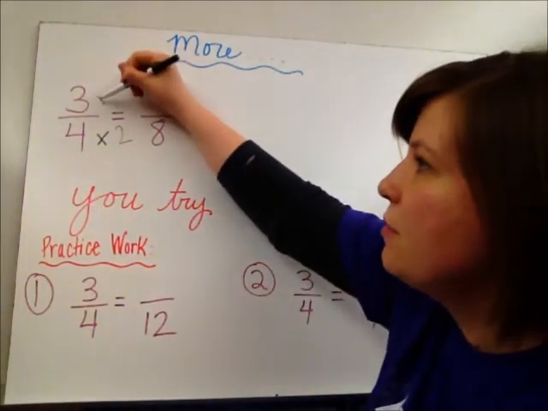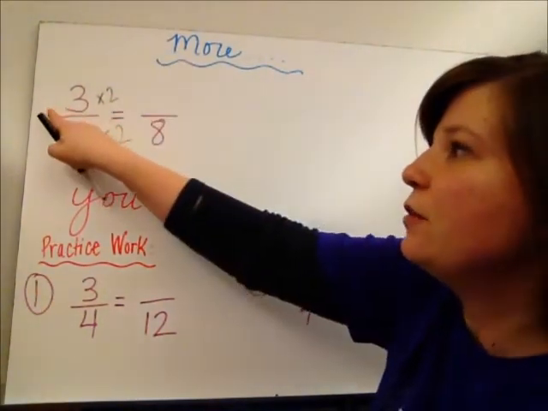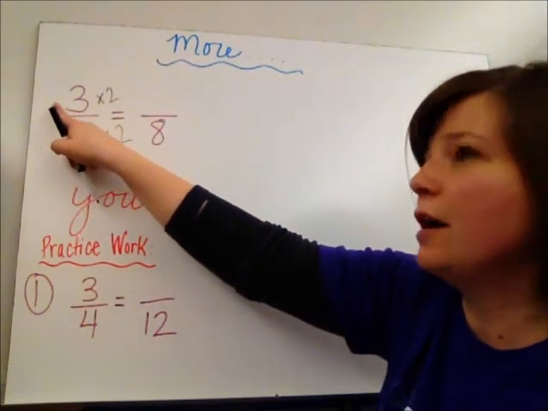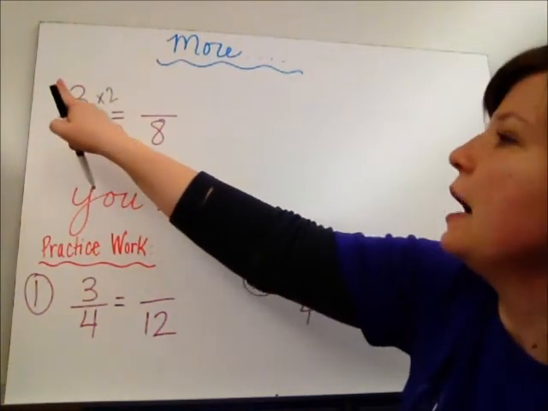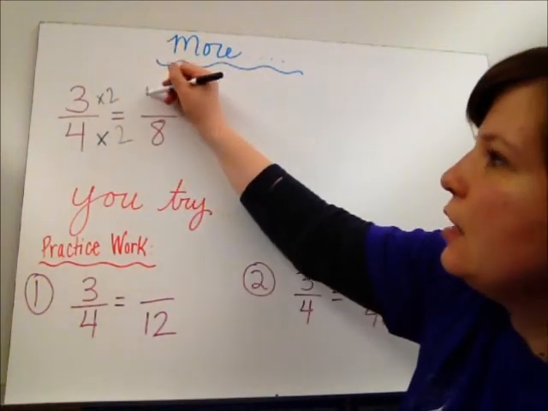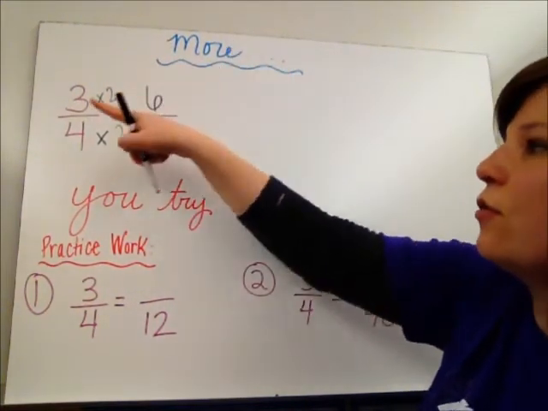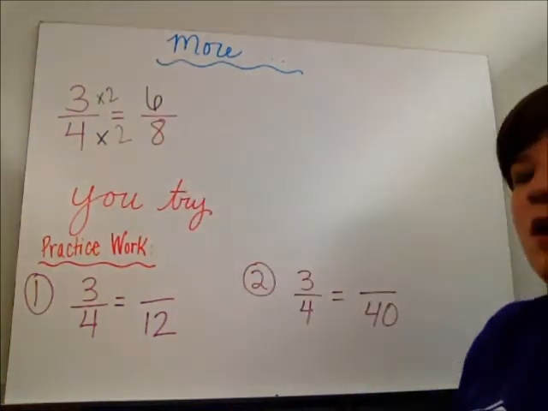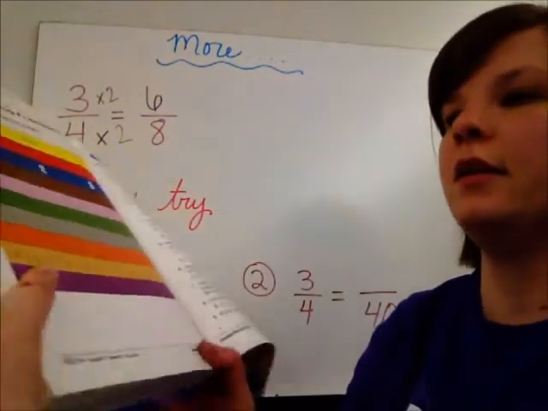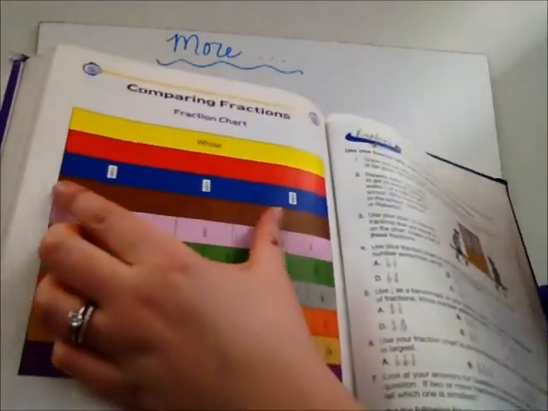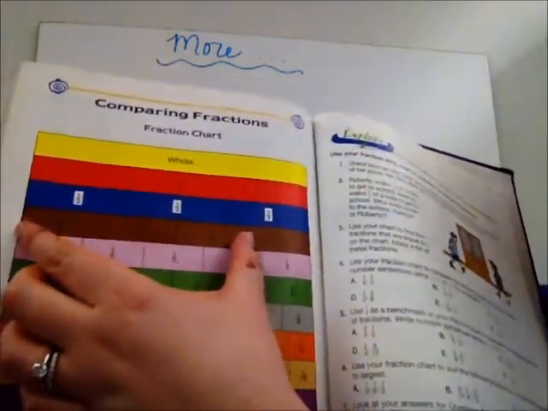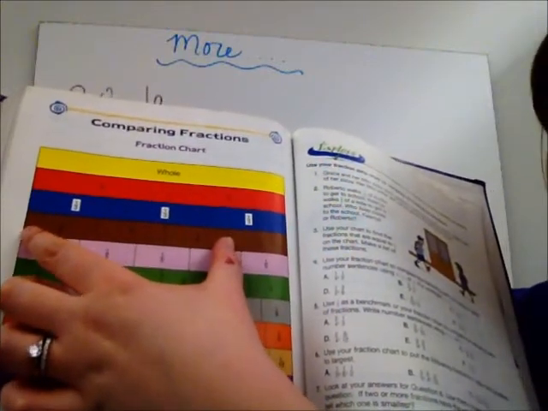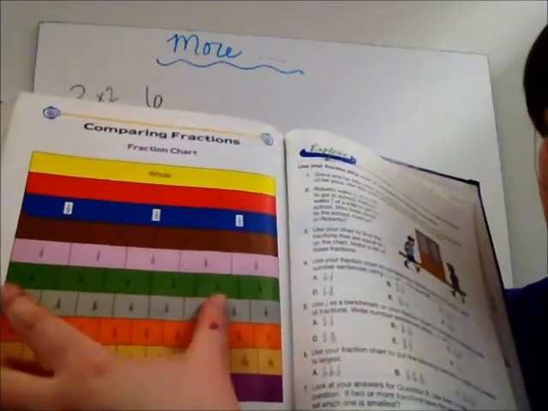We do the same thing to the top, and now we don't have that 1 over here, so it's a little bit different, but you guys should know your math facts by now. 3 times 2 equals 6. So 3/4 is the same as 6/8. We could check and see if we're right. So if I have 3/4 here and come down to 8ths, it should line up with 6/8.